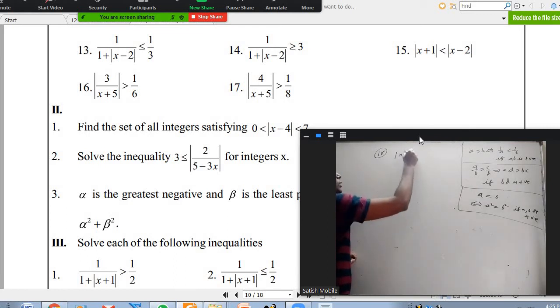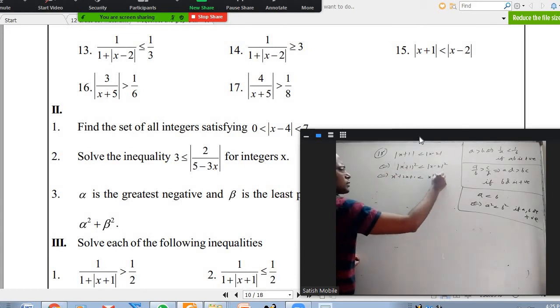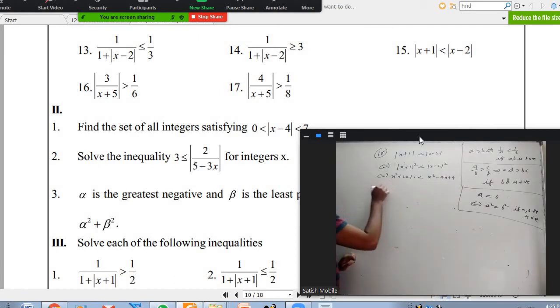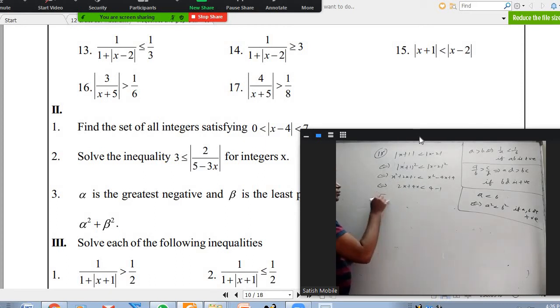Mod x plus 1 less than mod x minus 1 double implies mod x plus 1 whole square less than mod x minus 1 whole square. So x square plus 2x plus 1 less than x square minus 4x plus 1. X square will cancel, we'll get 2x plus 4x is less than 4 minus 1.